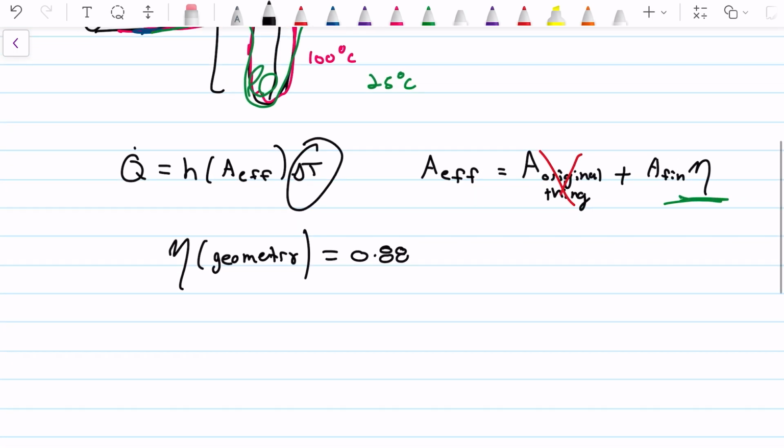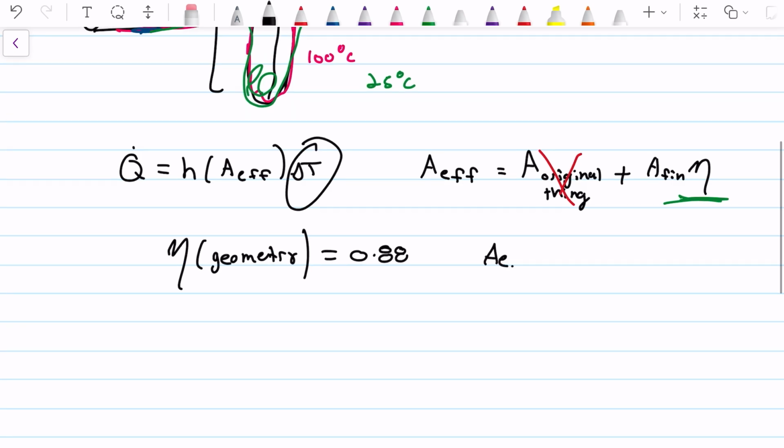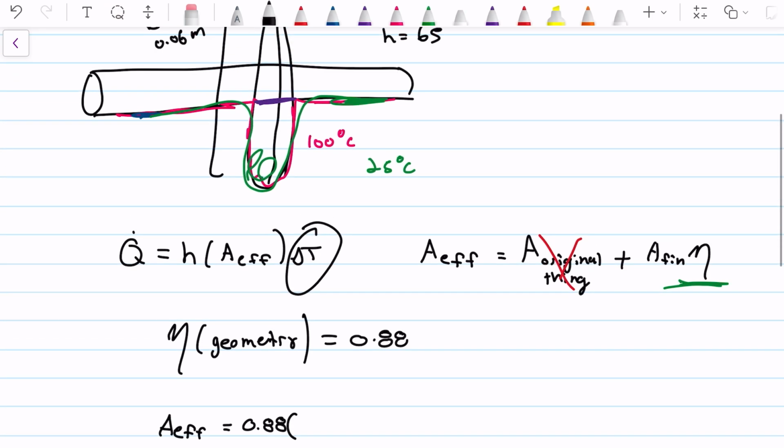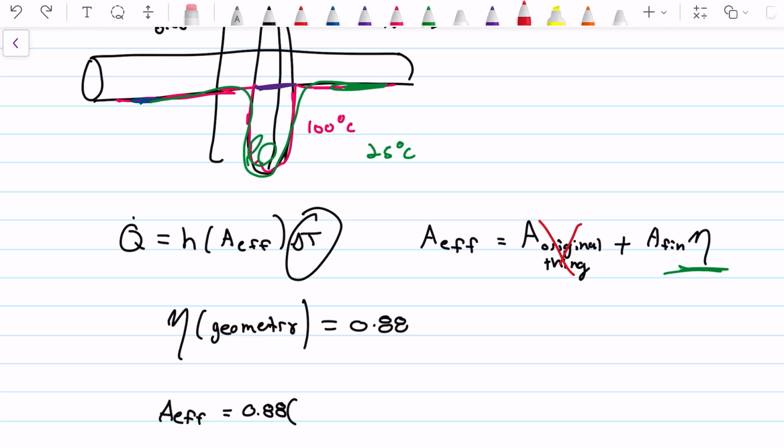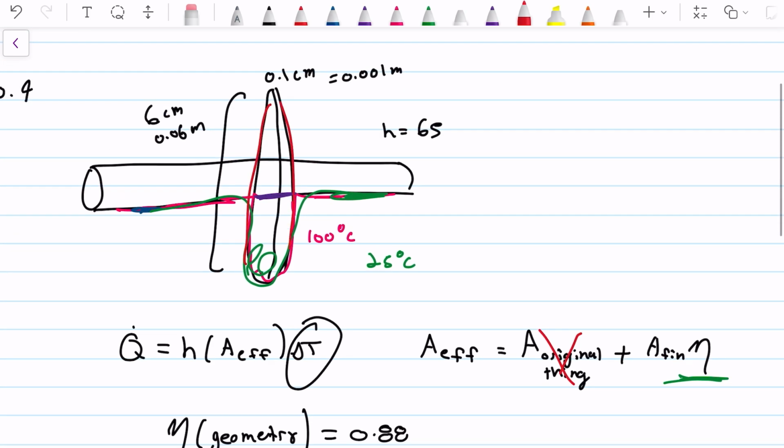And let's go ahead and calculate this. So that's going to make our effective area 0.88 times the heat loss we're losing from both sides of this surface.